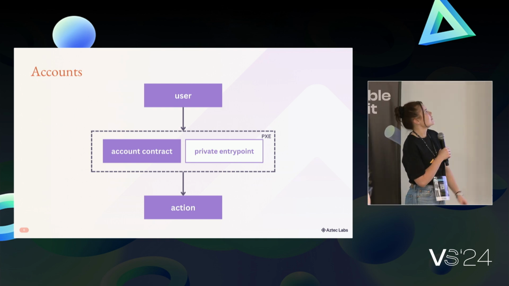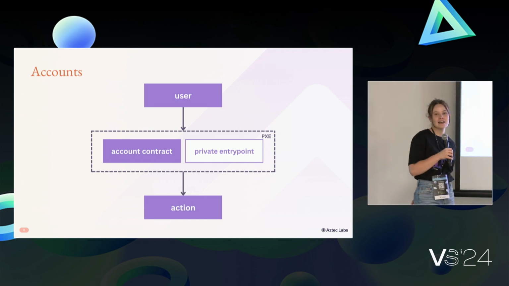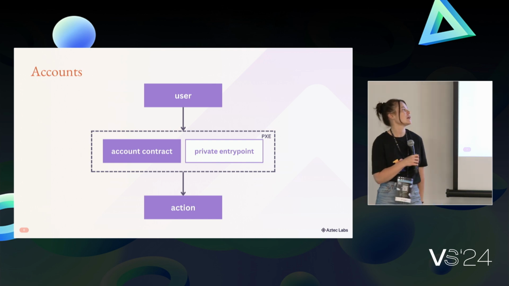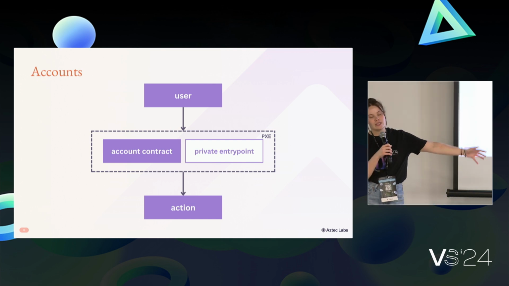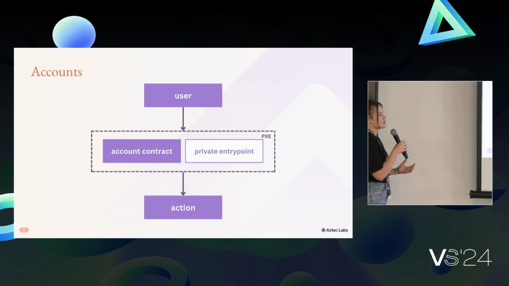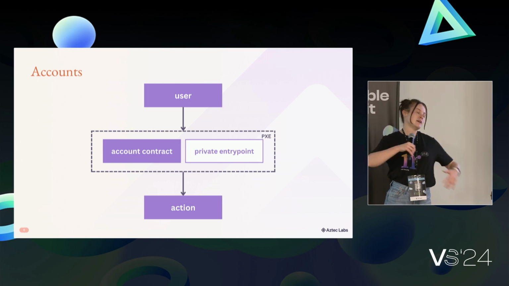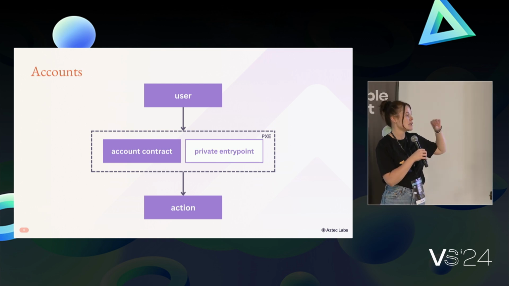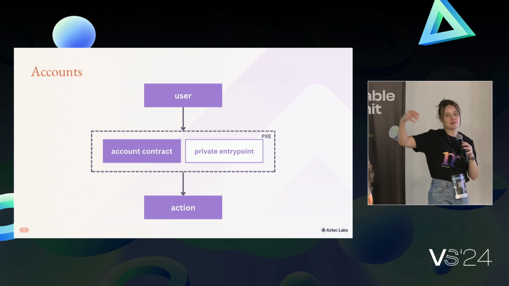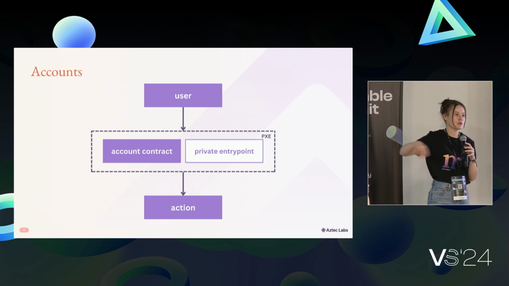We also have fun accounts on Aztec. We have native account abstraction, but what's really cool about it is that usually with ERC-4337 and most account abstraction models, there's an entry point contract that you have to go through, and they're going to be the ones verifying and executing the transaction. But because we can use the power of zero-knowledge proofs, as long as the entry point is private, as in it's generating a zero-knowledge proof, it can be anything.